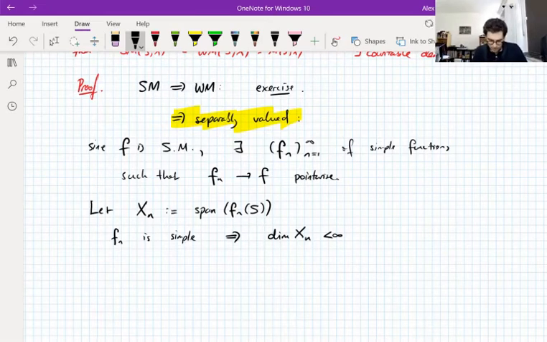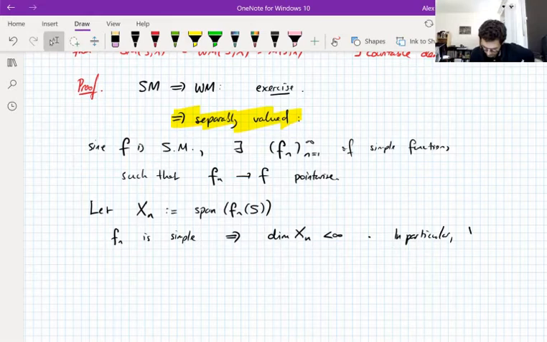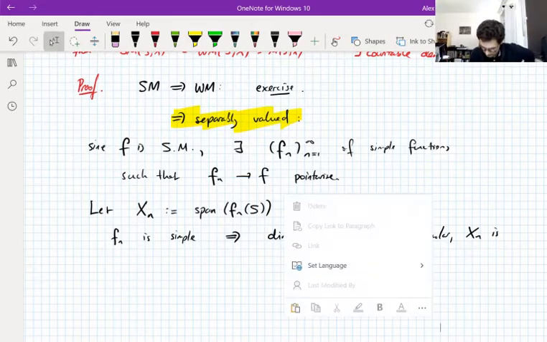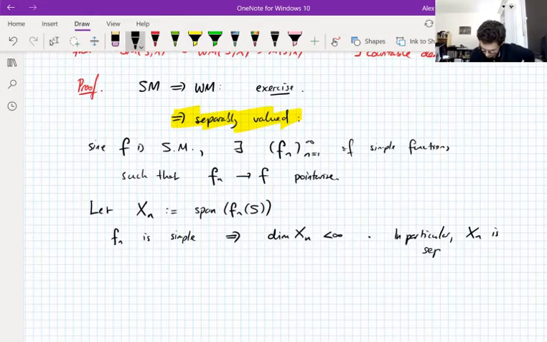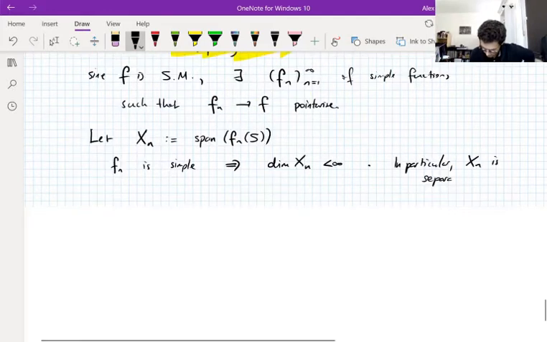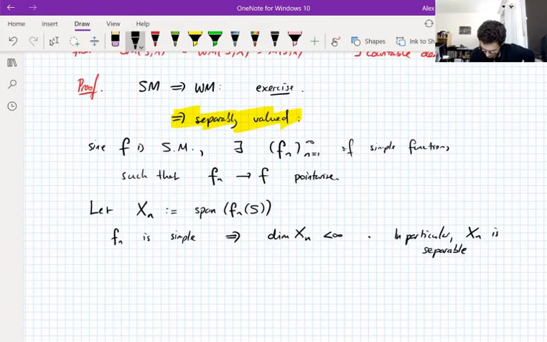So we get these finite dimensional spaces, and we should say in particular, each xn is separable. My tablet's not liking me today. Finite dimensional spaces are separable because Rn and Cn are separable.